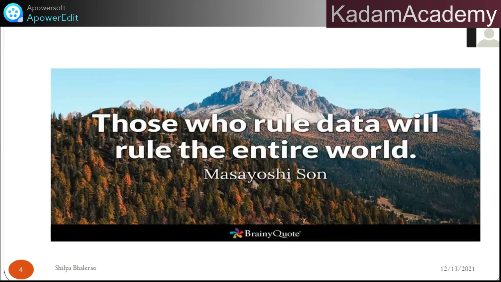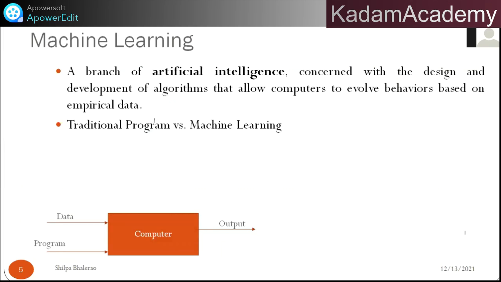So this proverb is absolutely correct: those who have the data will rule the world. We can see the Twitter and Facebook owners are among the richest people in the world. Before going through the data, we must understand what machine learning is.